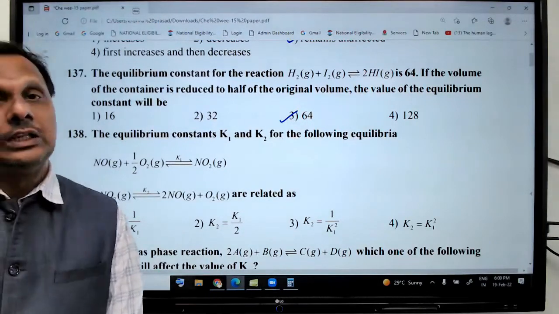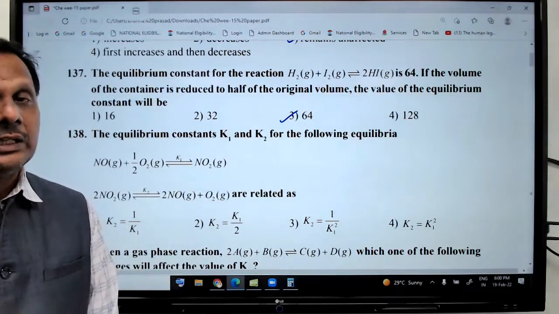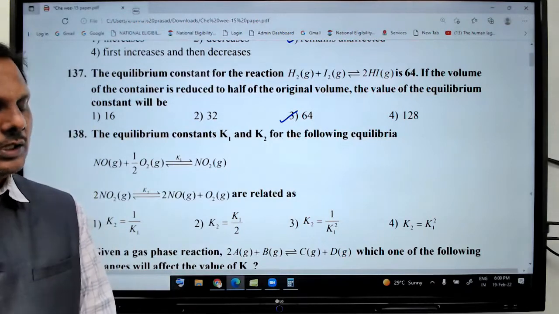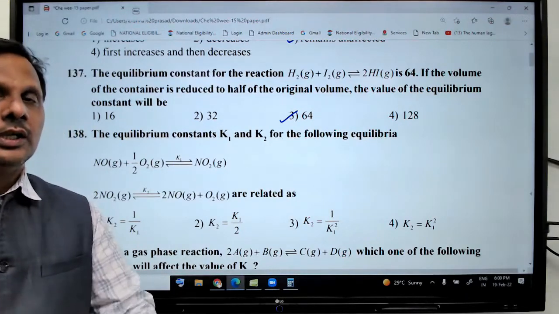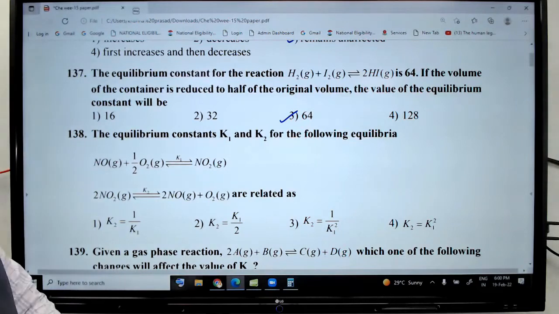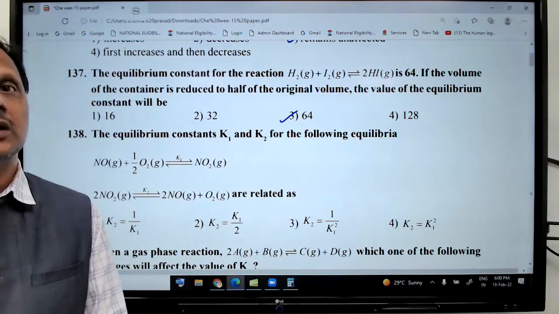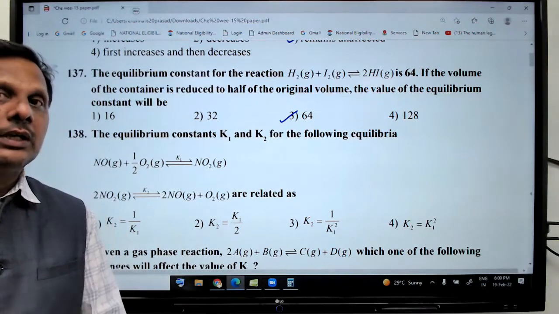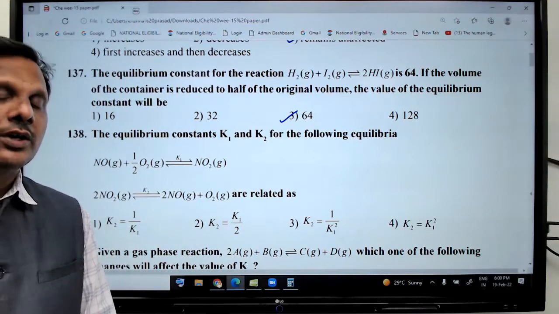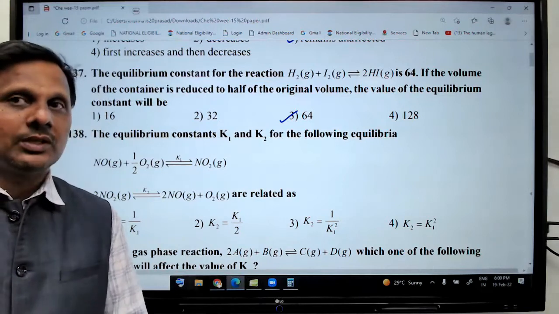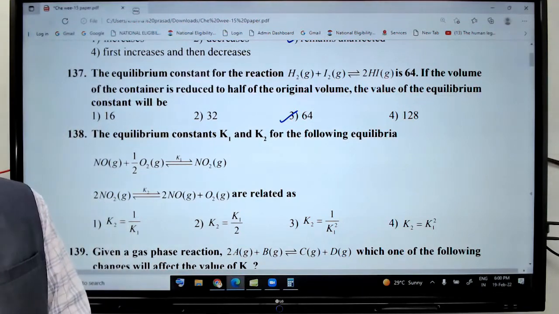Equilibrium constant is independent of the volume of the vessel. It depends only on temperature and the mode of the chemical equation. So 137 is also very easy. The answer is 64. Once again, the equilibrium constant is independent of the volume of the vessel and the initial concentration of the reactants; it depends only on temperature as well as the mode of the chemical equation.